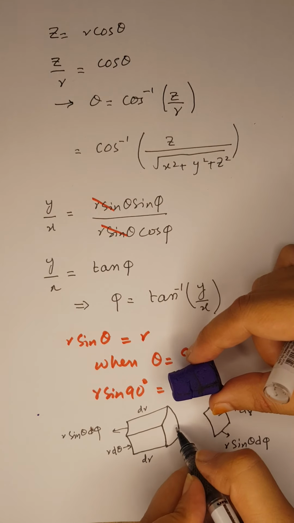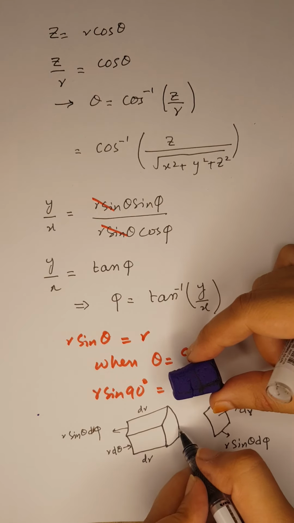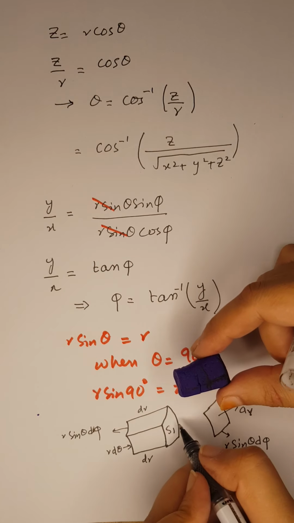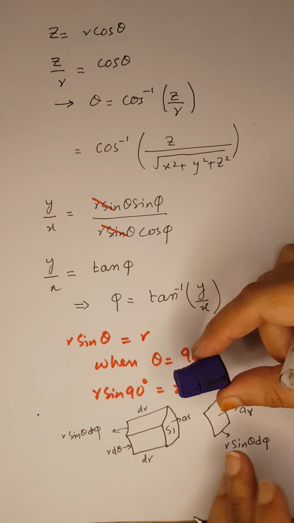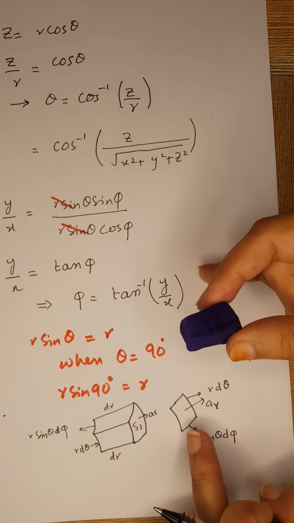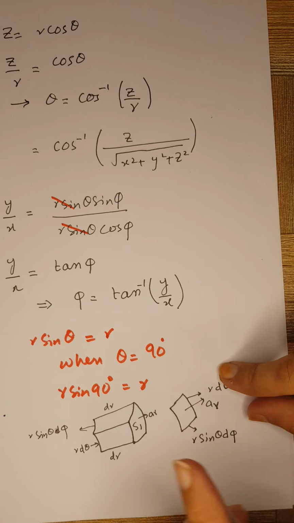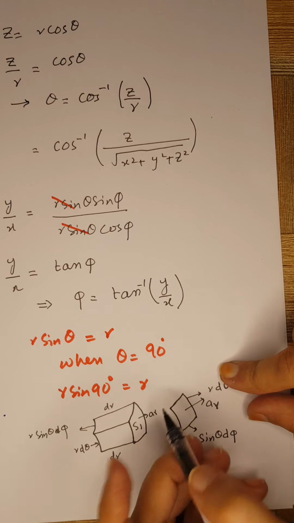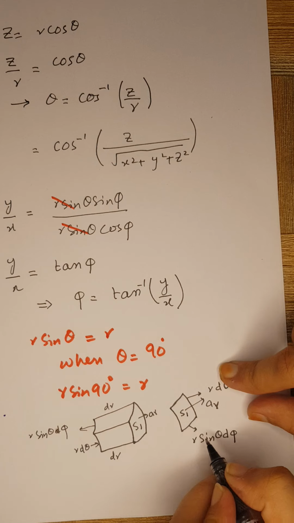Now let's mention the directions of all these surfaces. This surface S1 points in the direction of the radius, or a_r. If I draw it separately, this is the surface marked by S1.